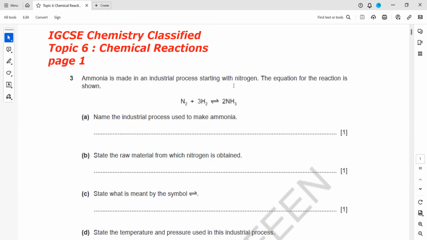Solve page 1 and send the pictures. Don't convert to PDF, just send the picture. This one is chemical reactions, topic 6.